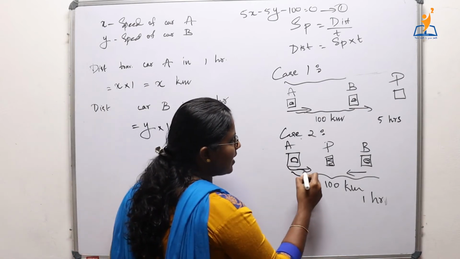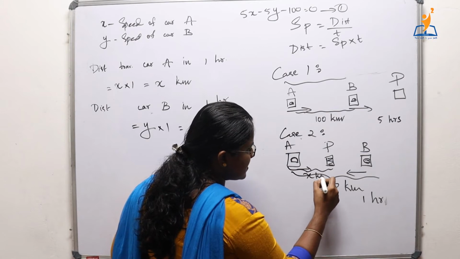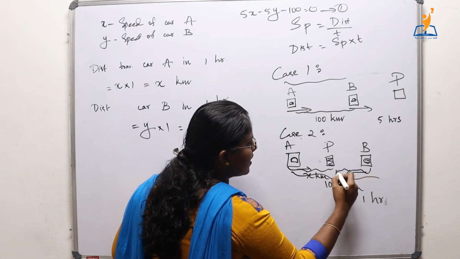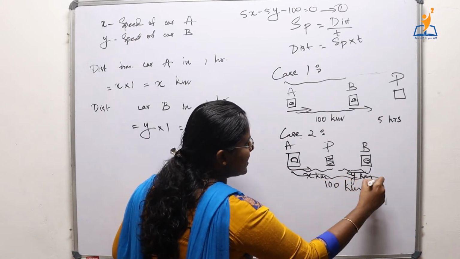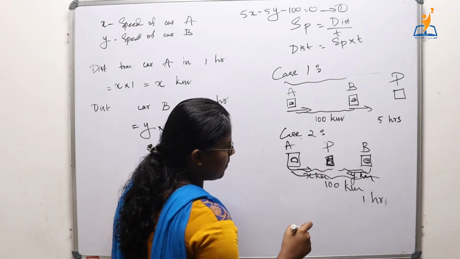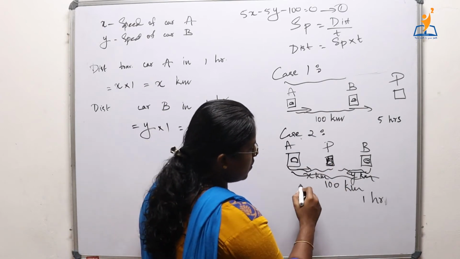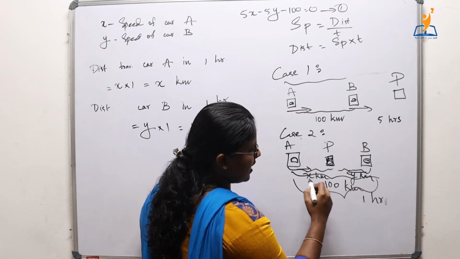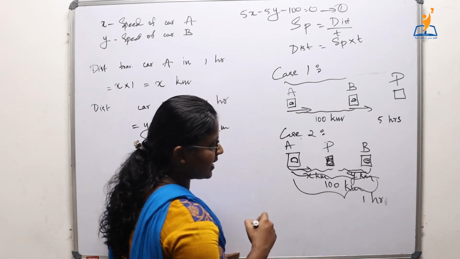So this car travelled x kilometers and this car travelled y kilometers, and they reached this particular point in between them. So in total the distance between A and B is 100 kilometers.